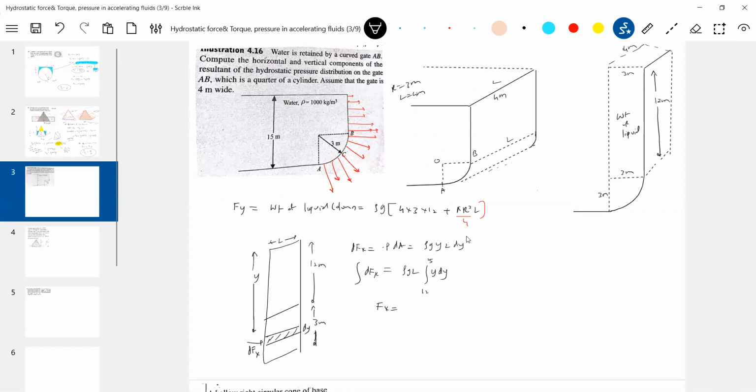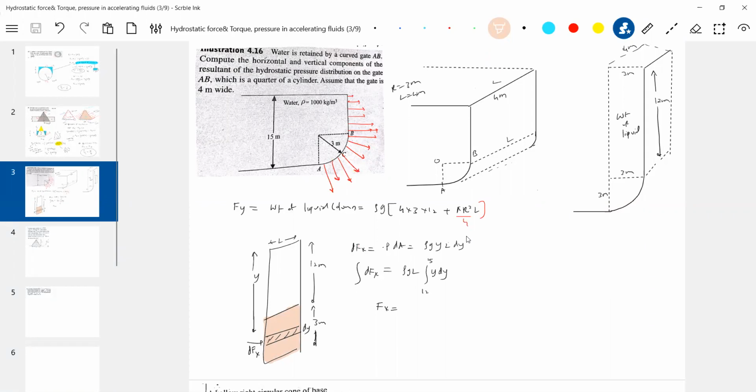This part is the gate, and the gate is projected here. What is the reason? I think yesterday I gave one example, half of a cylinder. The force acting on the curved surface is nothing but equal to the net force acting on the flat face. That's what we are showing here.